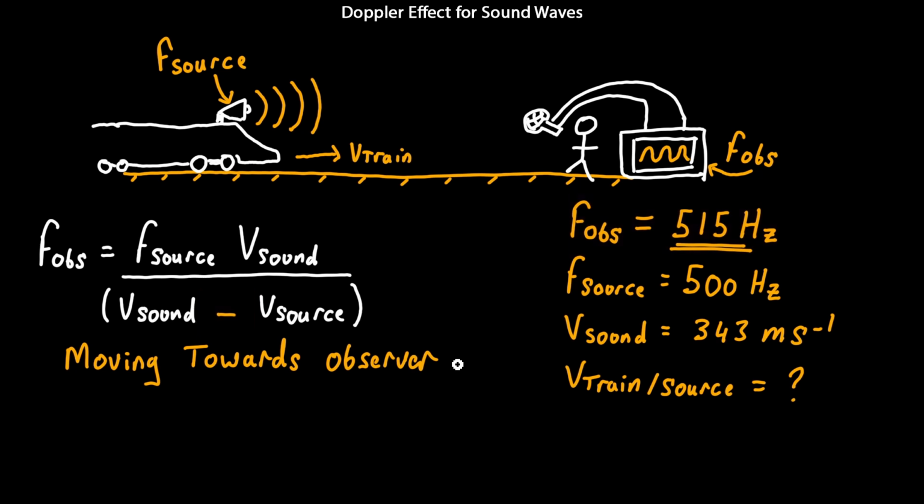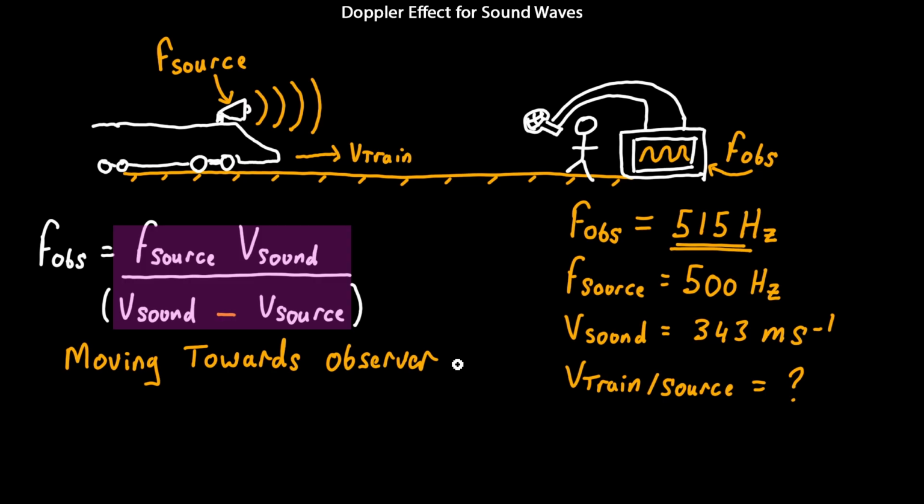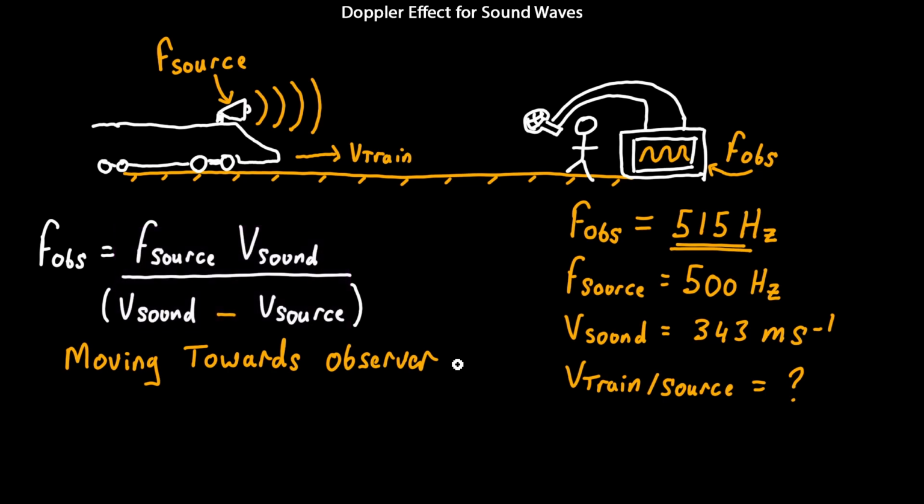The reason we use the negative sign is that if the denominator has a lower value, the overall fraction will increase in value, and we expect the observed frequency to increase when a source of sound is moving towards a stationary observer.